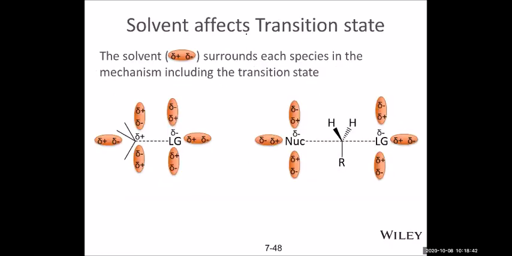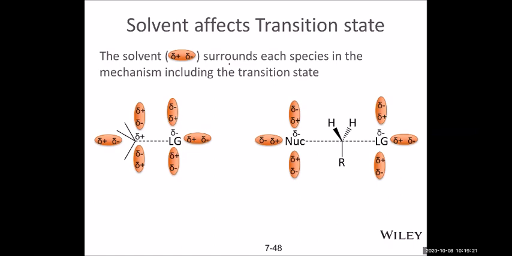The solvent also affects the transition state and the reaction pathway, SN1 or SN2. First of all, the solvent has to be polar because we're using many ionic compounds or strong acids in the reaction. So the solvent has to be polar to accommodate those polar solutes. Those polar solvents will interact with the reactant and the product, but more importantly, with the transition state.